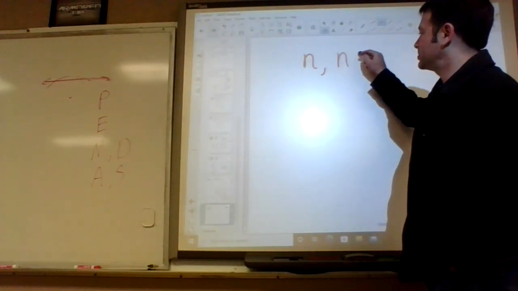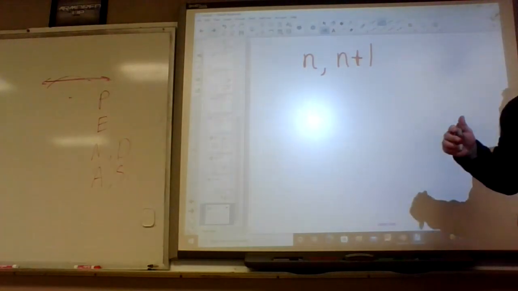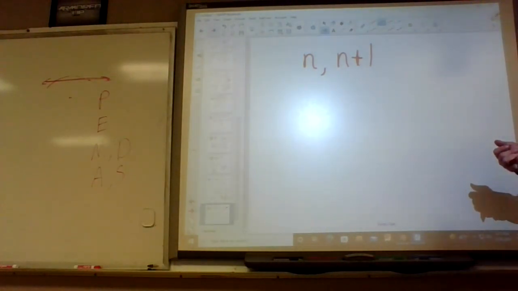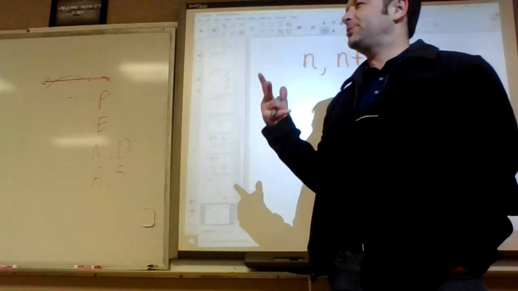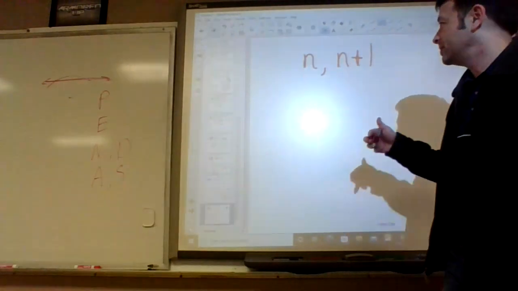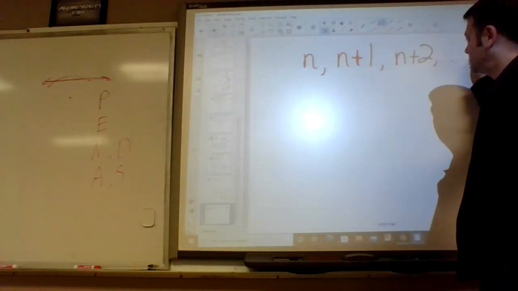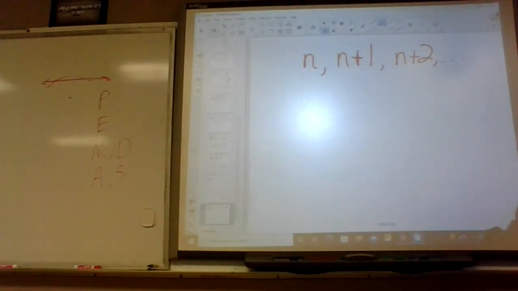Okay, n plus 1. You don't want to use a different variable because with 2 variables, we can't solve the equation. We want to use the same variable. So if the first one's n, the next one is going to be one bigger than that, and the next one after that is going to be one bigger than that. So it says the sum, what does sum mean, Eli?